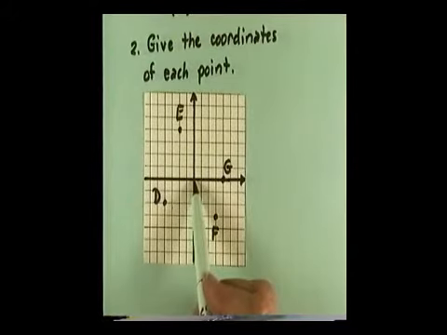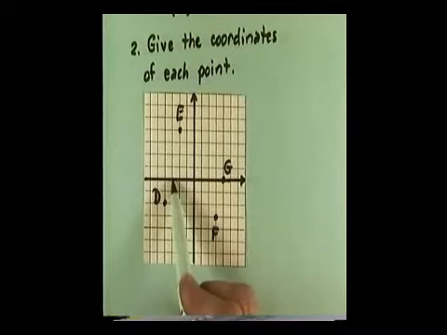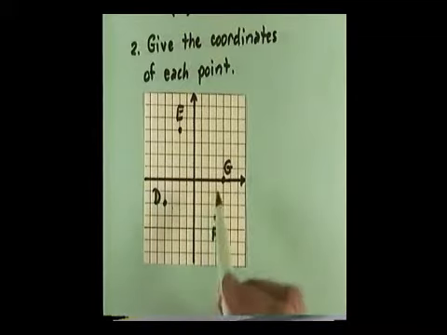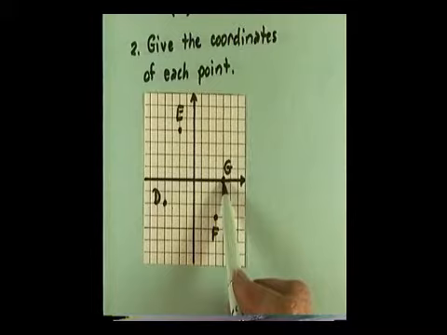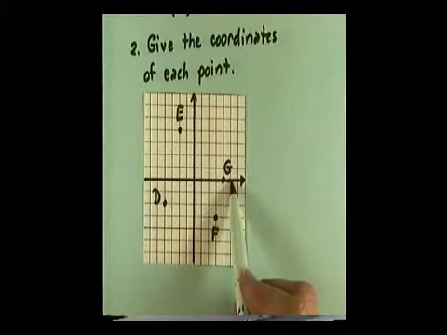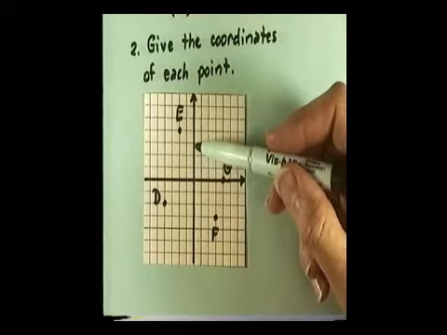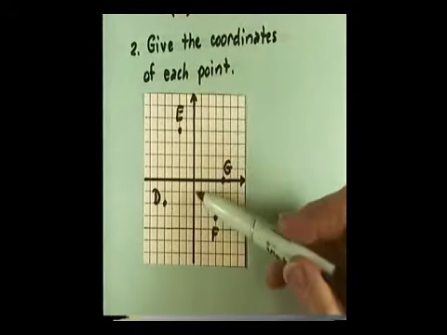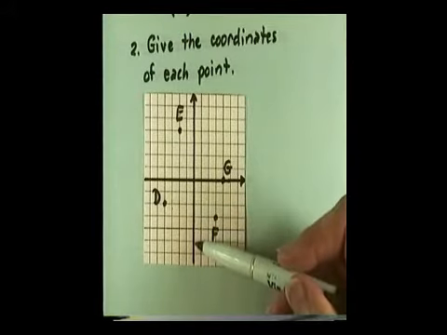From the origin, 1, 2, 3, 4, 5 to the left, 1, 2, 3, 4, 5 to the right, 1, 2, 3, 4, 5 up, 1, 2, 3, 4, 5 down.